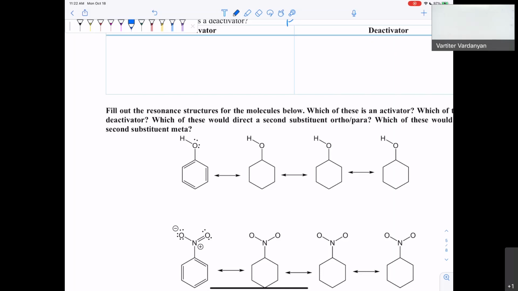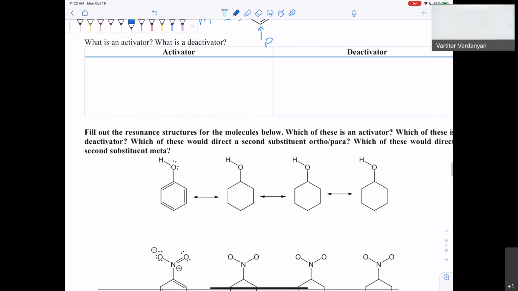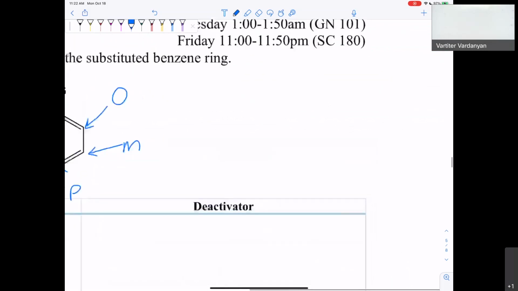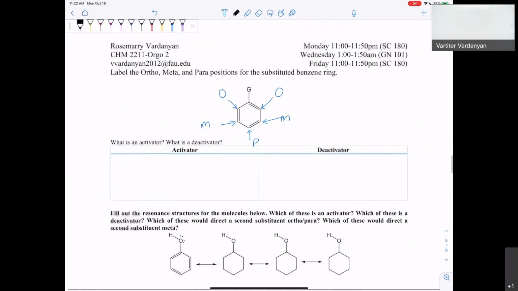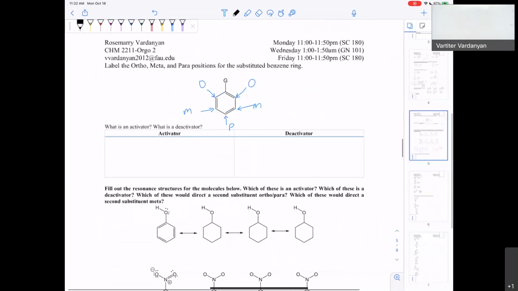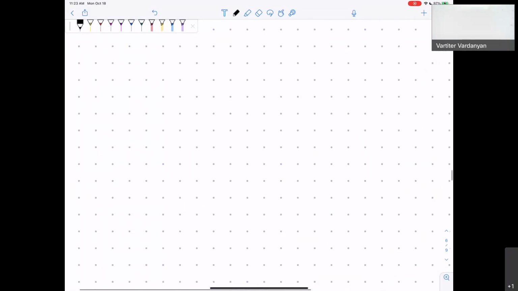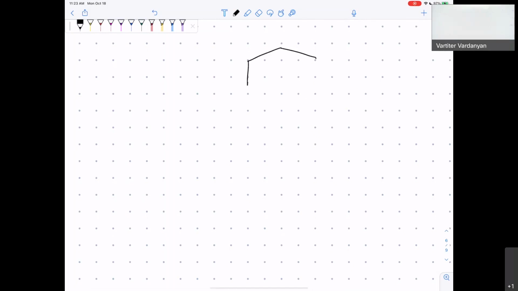All right. So the difference between an activator and a deactivator is simply how it makes the benzene more or less reactive. So I'm going to draw a benzene. Actually, I'm going to make myself a new page. All right, so benzene right here.